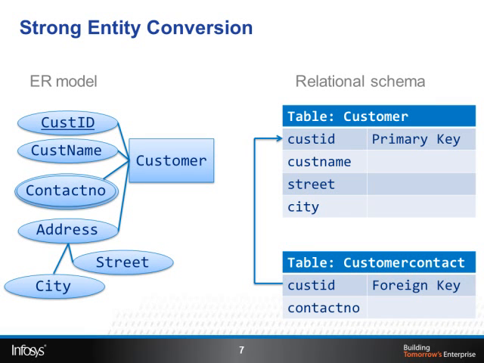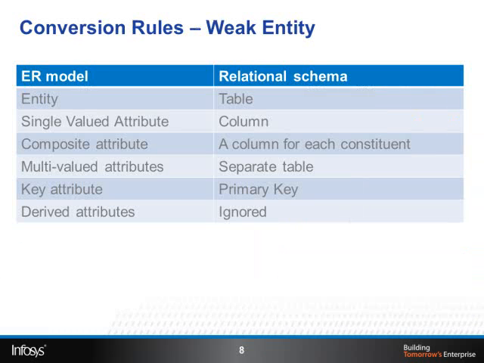Thus, the entity customer is represented as two tables, table customer and the table customer contact, with the attribute customer ID enabling foreign key reference. Next, let's look at the rules for converting weak entity into relational model.